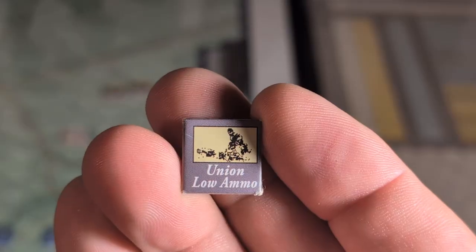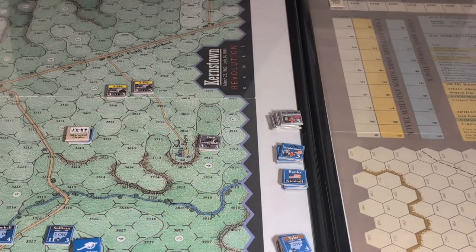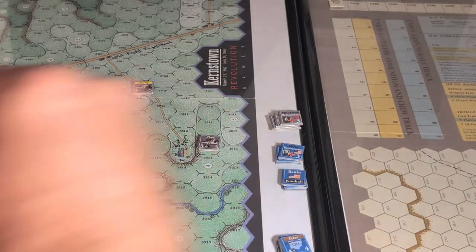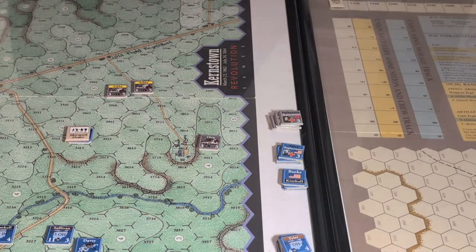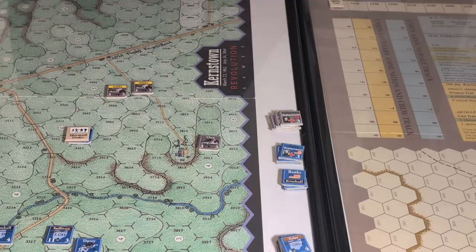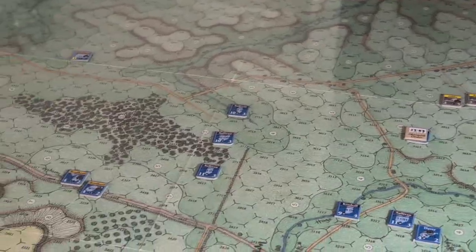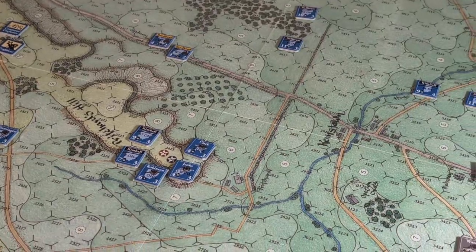Union, low ammo. Okay, so we can put that on Union. And yeah, let's put it on over here on Pritchard's Hill.